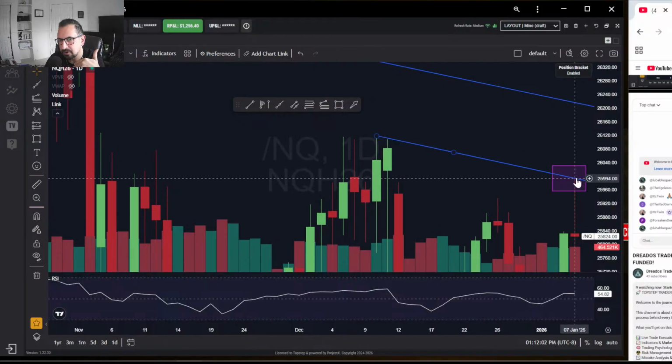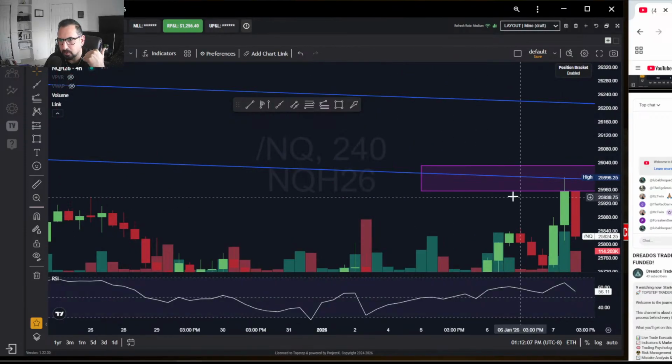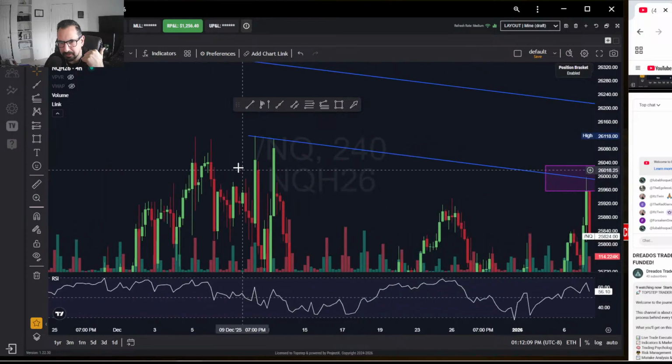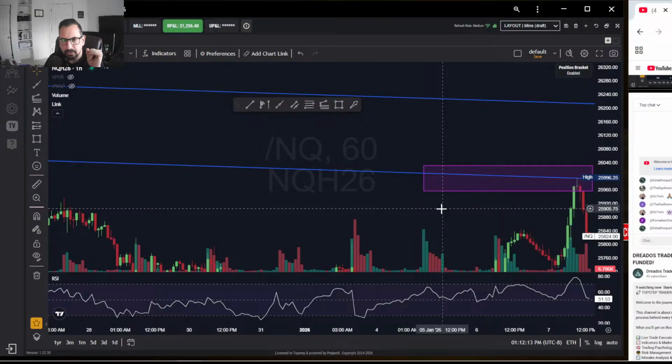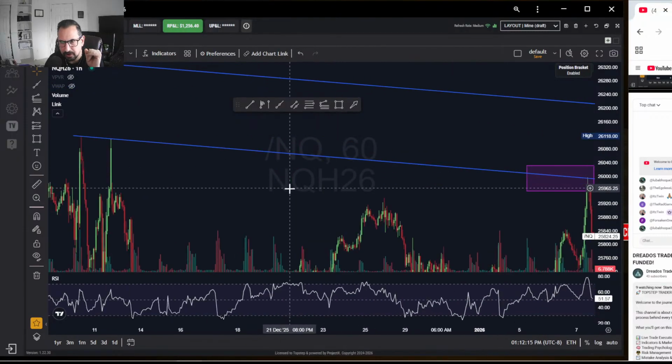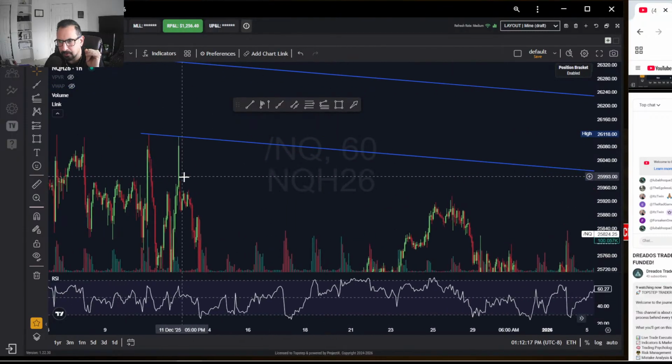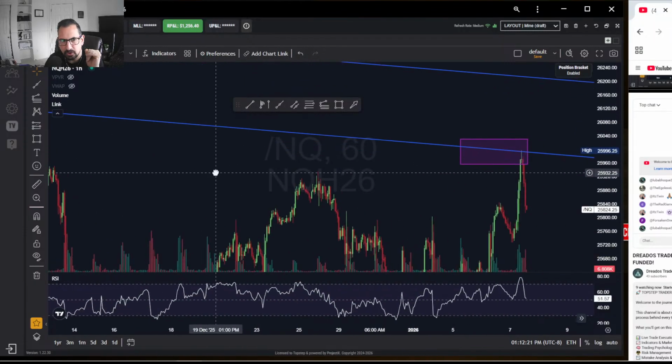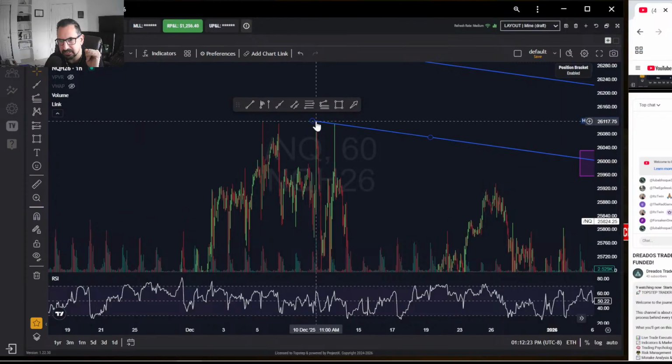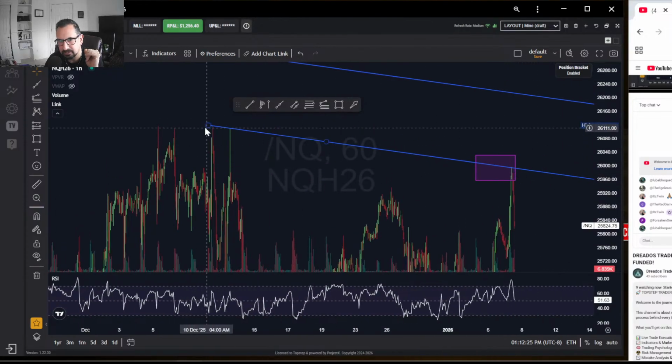So this was a nice area right here. There's nothing else here that I would have seen on the 4 hour. Nothing here on the 1 hour, literally nothing here on the 1 hour that would have held as resistance. The only thing that would have held this as resistance is these two swings. Look at this.